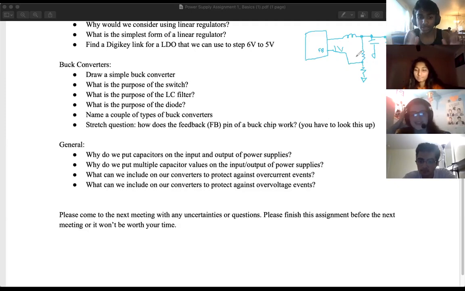You remember how Audley said that the duty cycle changes depending on the output voltage? If you want a higher output voltage, the duty cycle will be higher, meaning that the converter is on for longer. Or if we want the output voltage to be less, we make the duty cycle shorter. That's basically what the feedback pin is doing.